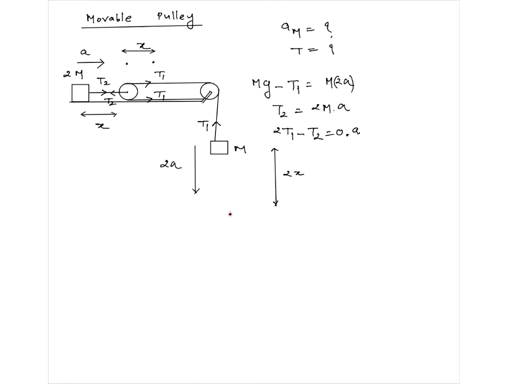Sometimes it's hard to see in difficult problems that if that is x, how much will that thing be? There can be several complications involved, so we resort to another method. If we take this as A, then this would be 2A.